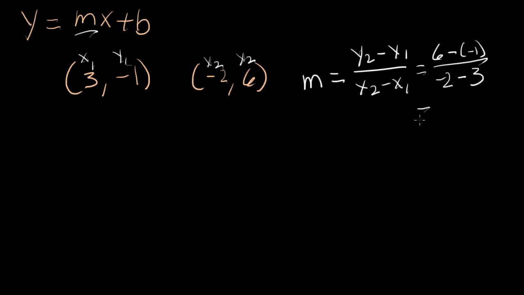Okay, so I get 6 plus 1 is 7. -2 minus 3 is -5. So I'm pretty comfortable with a slope of -7/5. Okay, let me double check that. Yes, okay.